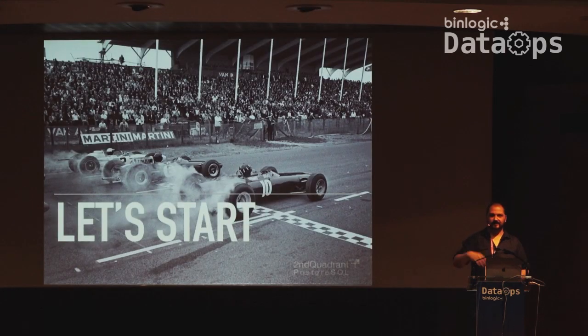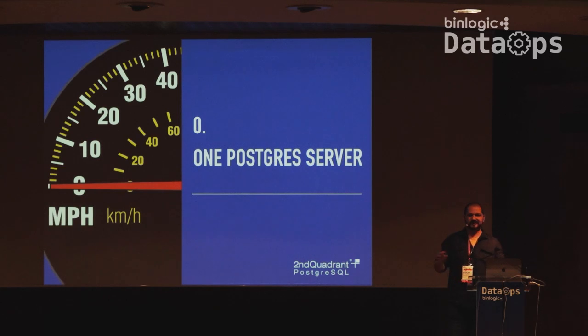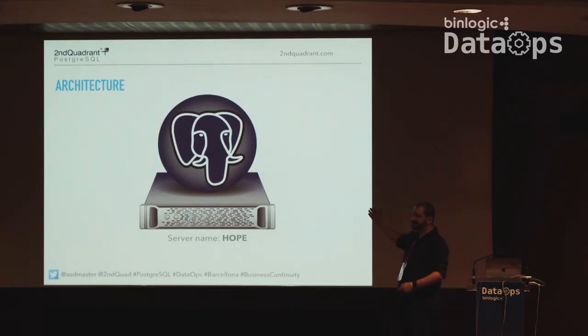Okay, so let's move from 0, okay, to 100. 0 is basically one Postgres server. Okay, we have one server that does everything, okay, keeps the database, is always online, luckily, because its name is Hope, because you hope to have no downtime, you hope to lose no data, you hope that everything is okay 24/7, okay, for the whole year.